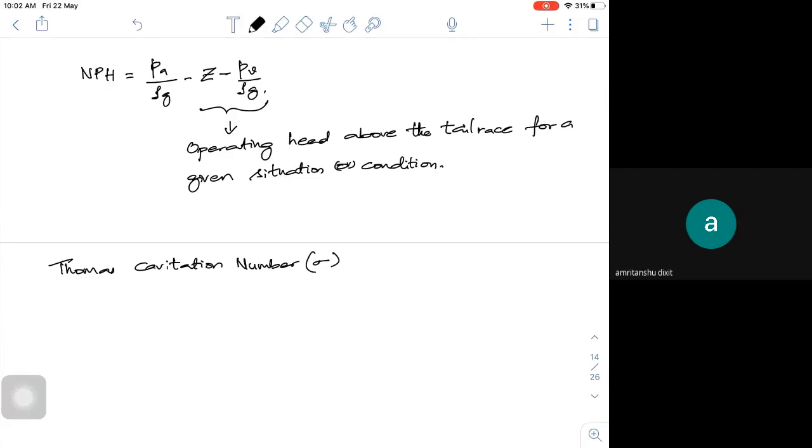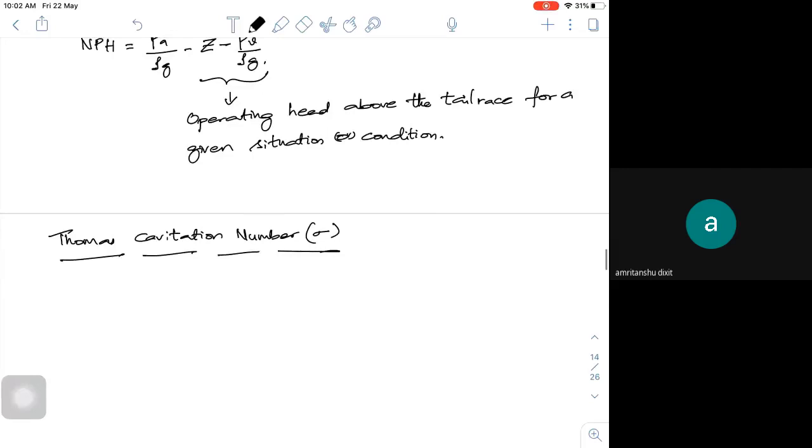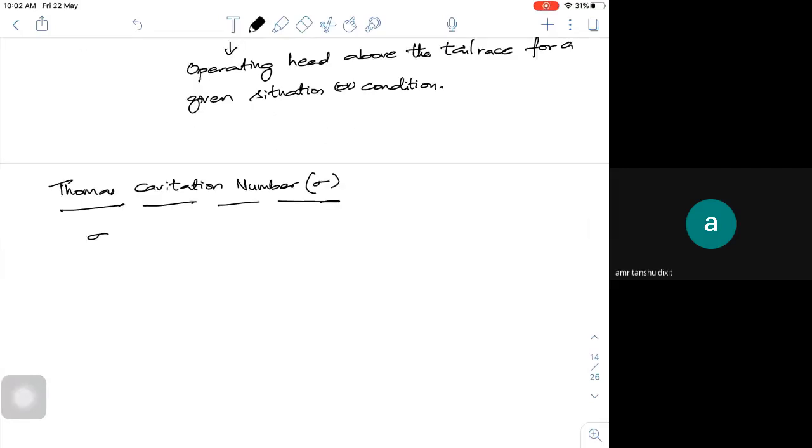What is this actually? Thoma cavitation number sigma is the ratio of net positive head under which your turbine is working to its operating head, that is your net head under which your turbine is working.